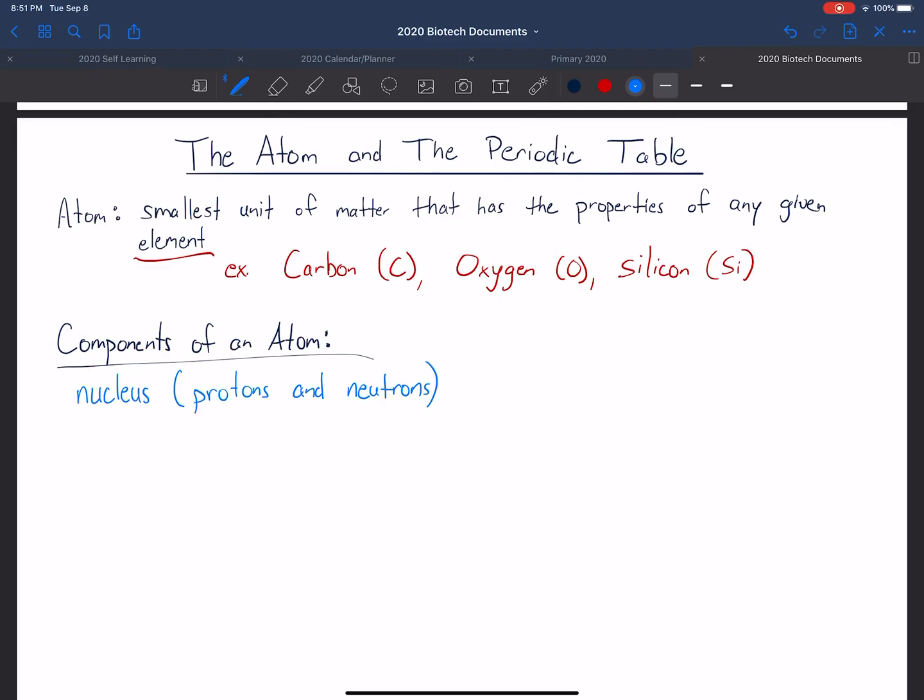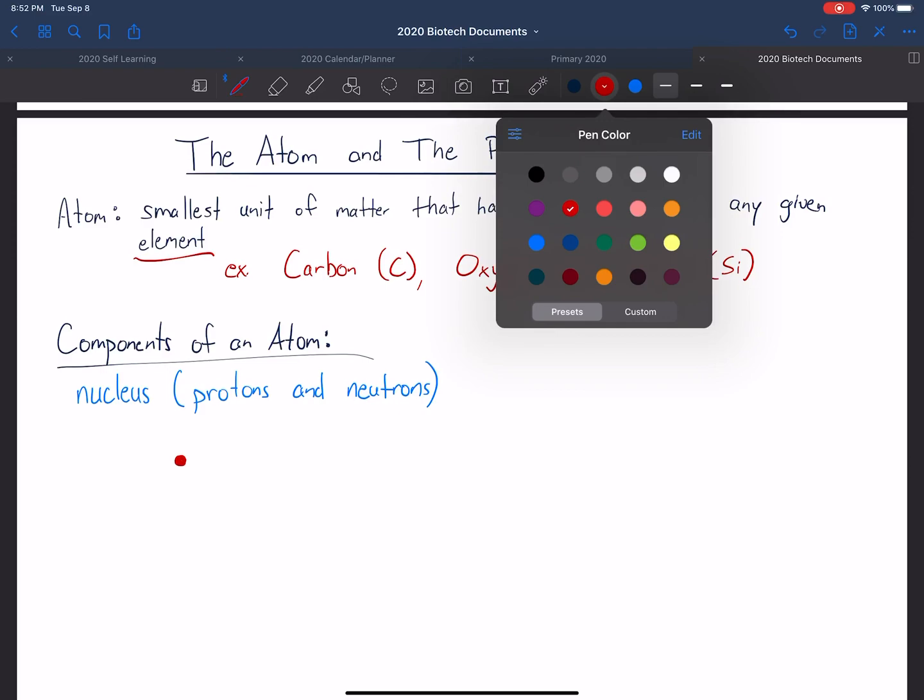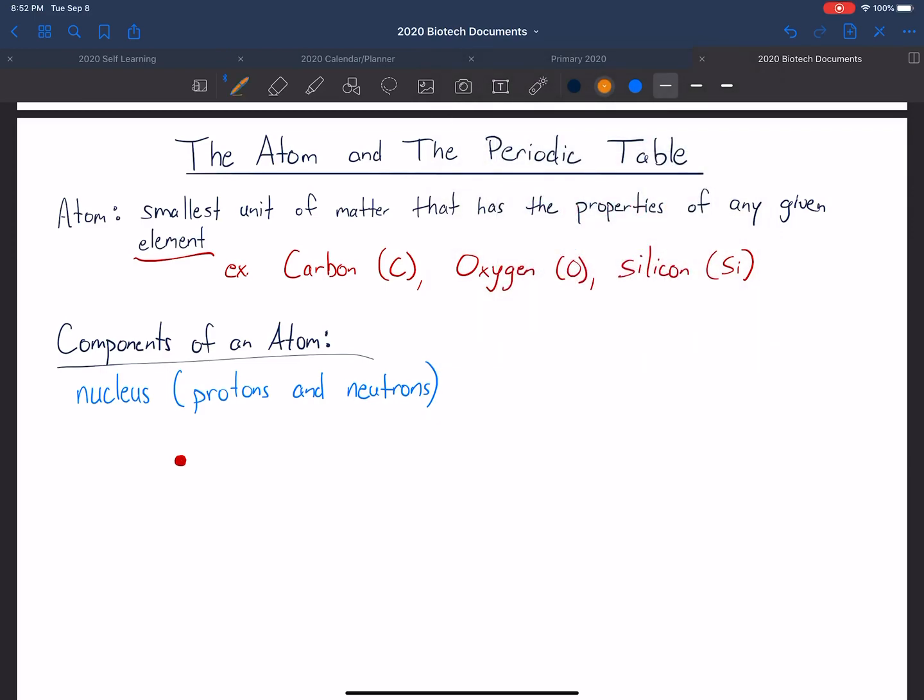And usually the nucleus is referred to as this very dense single point in the center of an atom, where all around this atom then we've got these various rings and things.